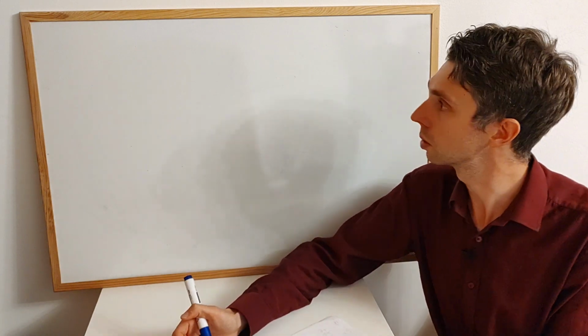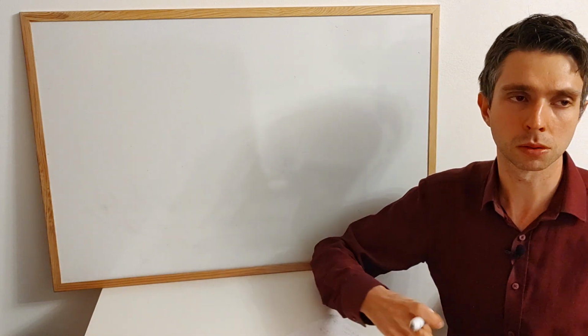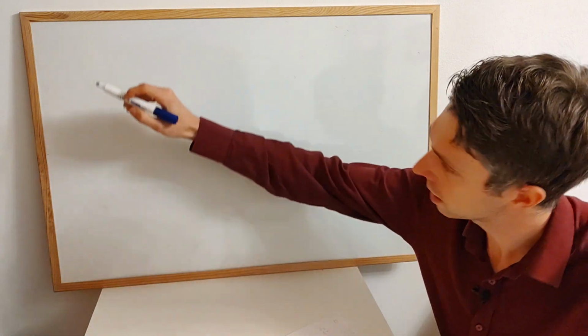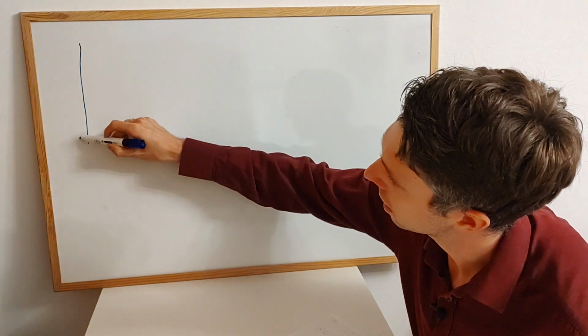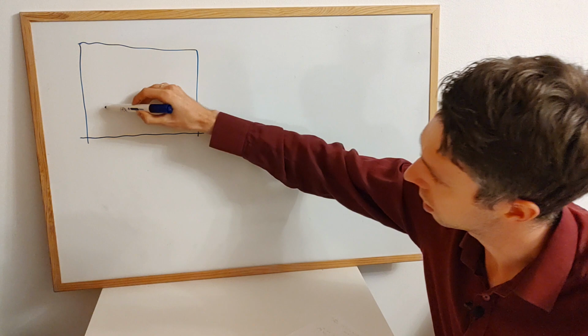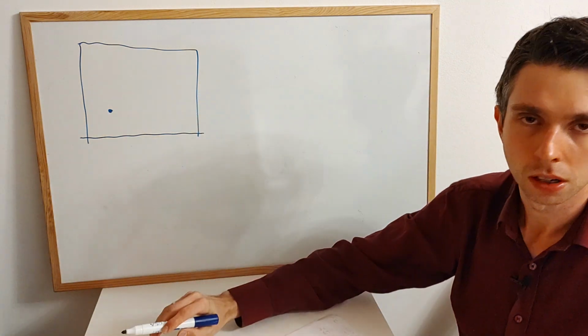So let me show you what is the difference and what is the formal definition of velocity. So let's think of our example of an ant which is walking on the floor of your room.